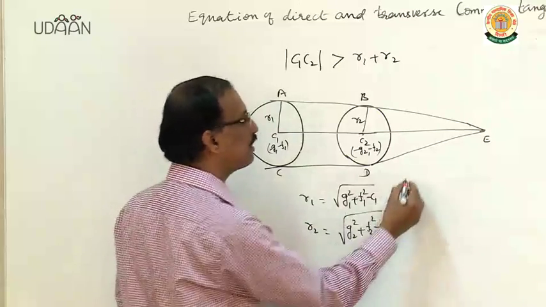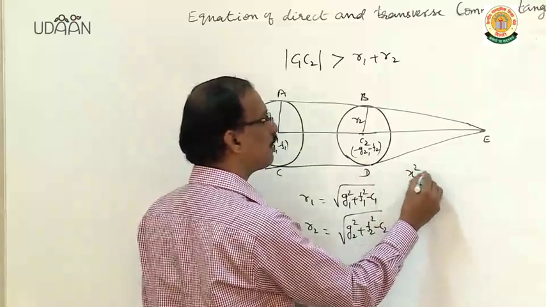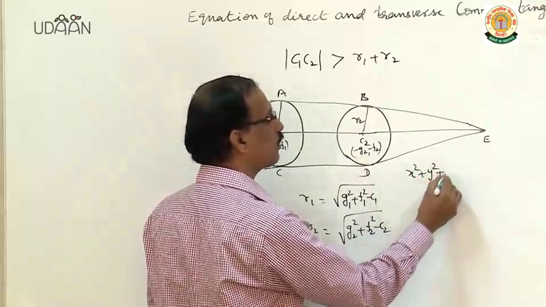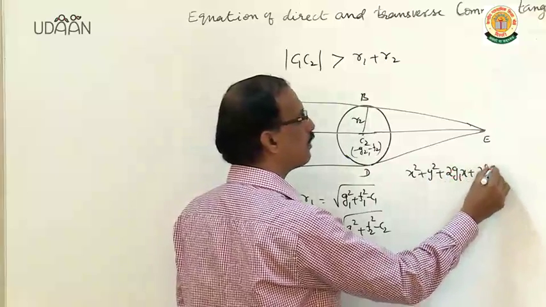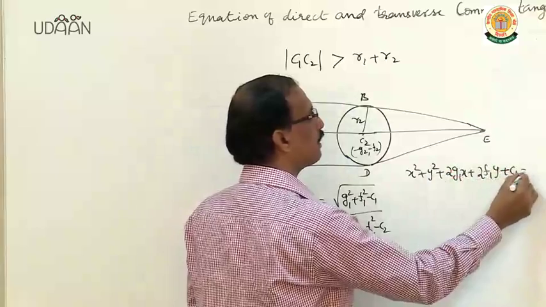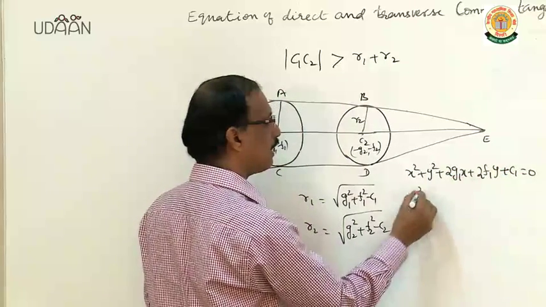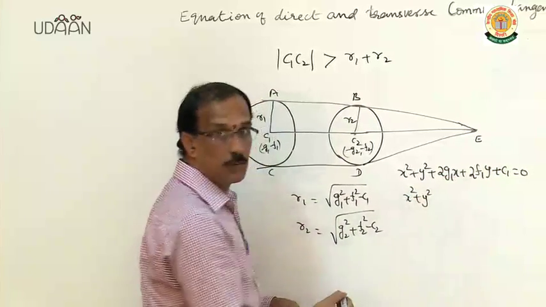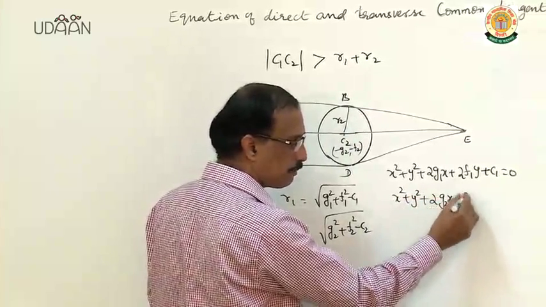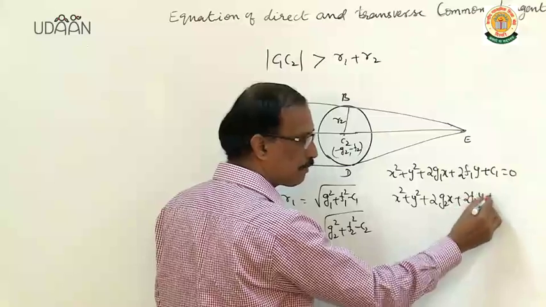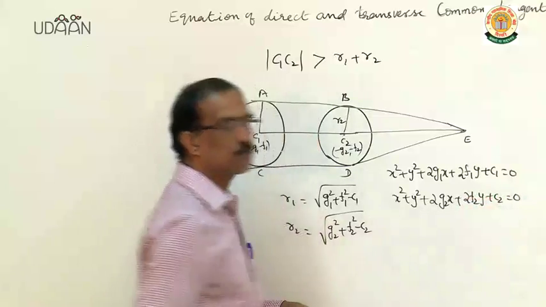That means the two circles are of the equation x square plus y square plus 2g1x plus 2f1y plus c1 equal to 0, and x square plus y square plus 2g2x plus 2f2y plus c2 equal to 0.